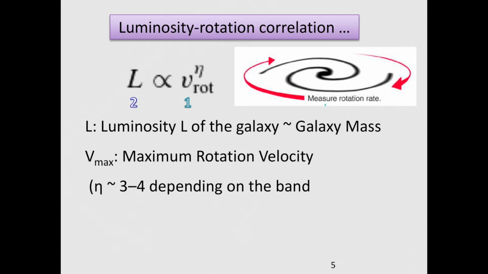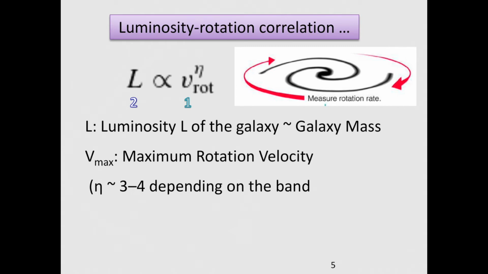Intuitively, one expects more massive galaxies to be brighter and rotate faster. If we measure how fast the galaxy rotates, then we can estimate its absolute luminosity and compare it with its apparent luminosity that we observe. The difference between absolute and apparent luminosities leads us to the actual distances of galaxies.